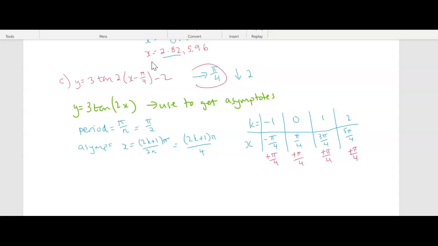That means our asymptotes are at x equals, so negative pi on 4 plus pi on 4 is going to be 0. Pi on 4 plus pi on 4 is 2 pi on 4, or pi on 2. Then 5 pi on 4. And then, what is that, 6 pi on 4?